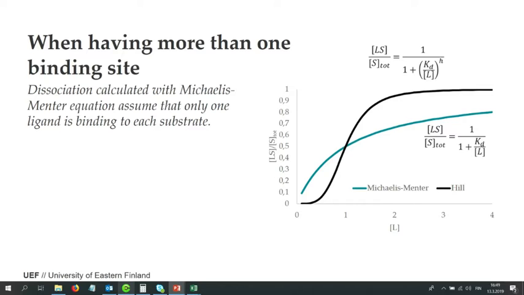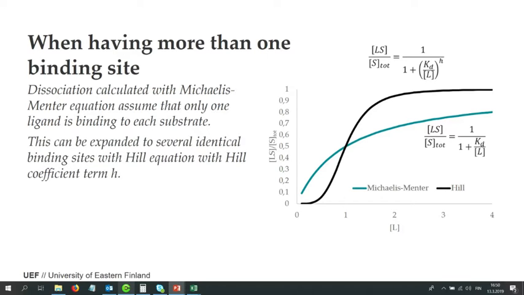In the previous video, we had a very simple equation that we didn't much care about. It's called the Michaelis-Menten equation, and it describes a situation where we have a substrate where one ligand is binding. This can be expanded to have several identical binding sites, like 4 binding sites of oxygen, and it's called the Hill equation.